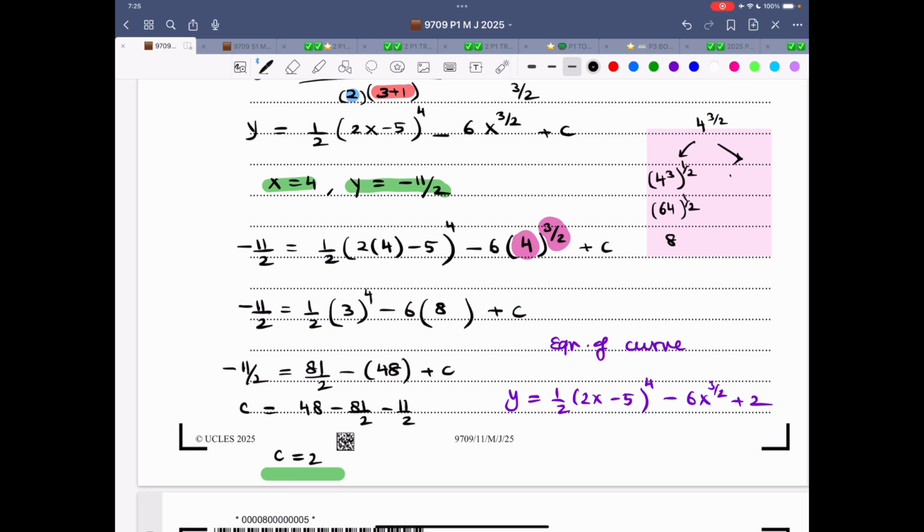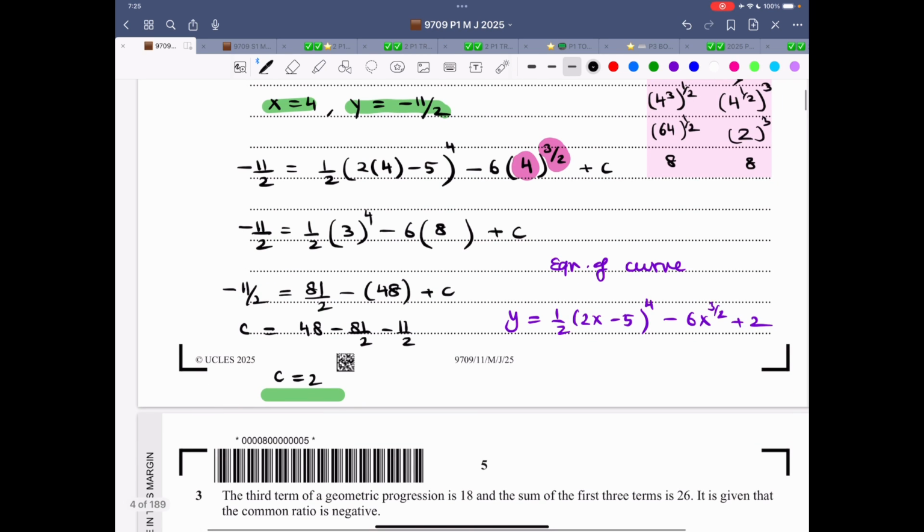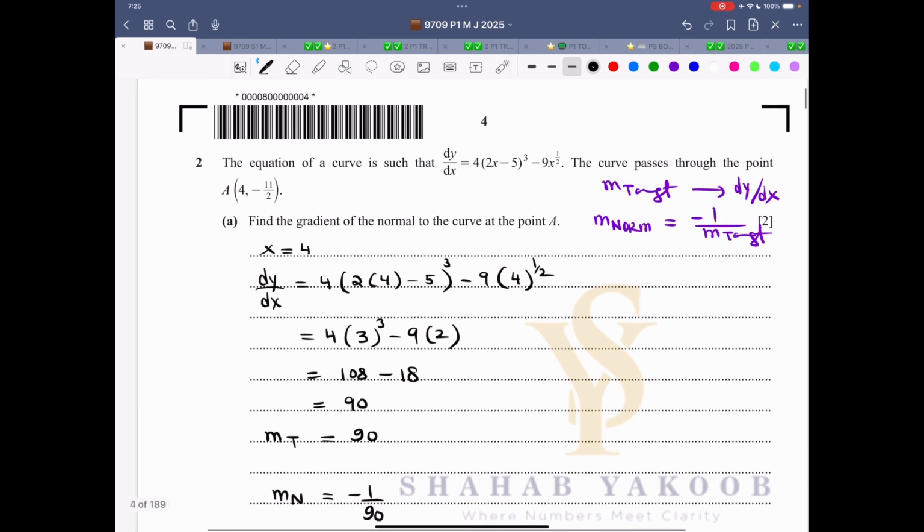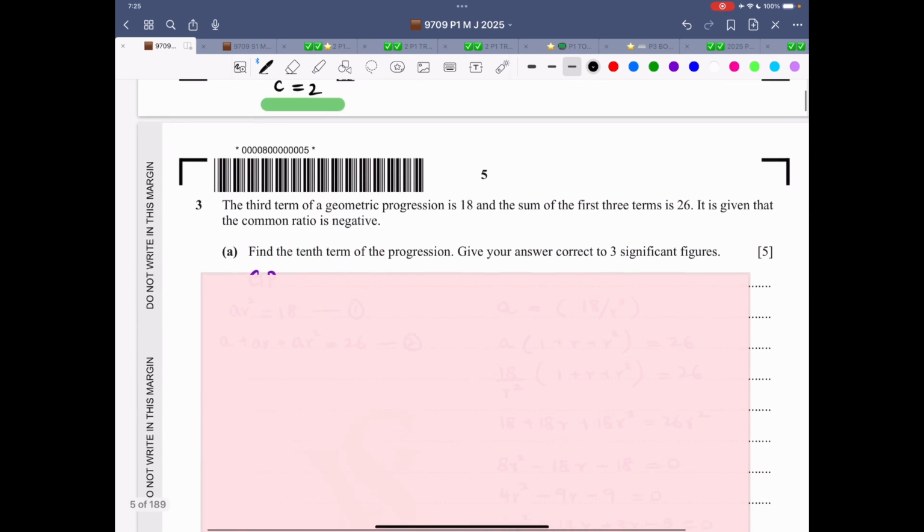And over here, this is 4 raised to power of half, raised to power of 3. That is 2 raised to power of 3. That comes out to be 8. So that is indices in full action. And that is how you get the equation of the curve. Rewrite everything, substitute the value of c, which in this case is 2. So pretty basic question. That is question number 2.